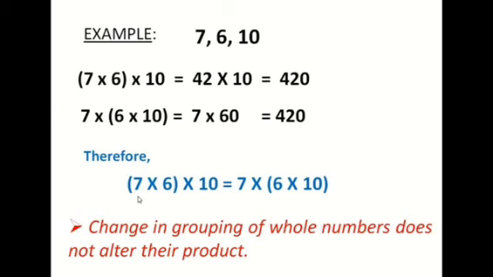We have changed the grouping. Here 7 into 6, here 6 into 10. But ultimately the final product in both cases is the same. So this property of multiplication is known as the associative property. What did I say? This is the associative property for multiplication.